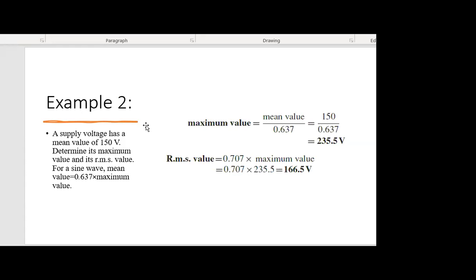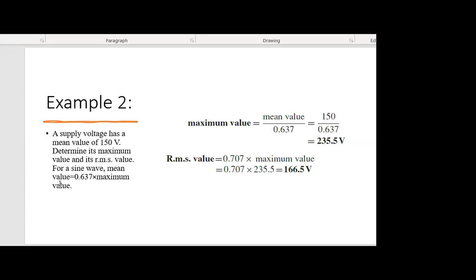Then example 2, a supply voltage has a mean value of 150 volts. Determine its maximum value and its root mean value. So we know the mean value is the average value.